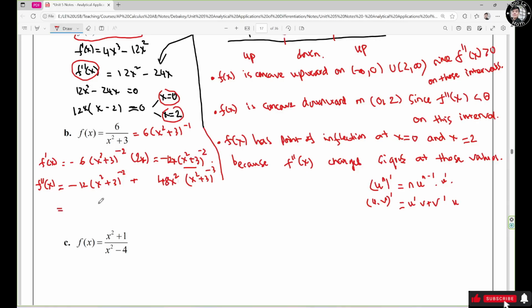Now I need to bring this one to fraction, right? So it could be negative 12 over (s squared plus 3) squared plus 48s squared over (s squared plus 3) to the power 3, right?